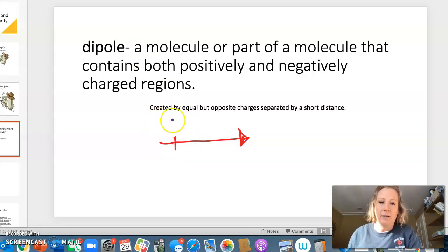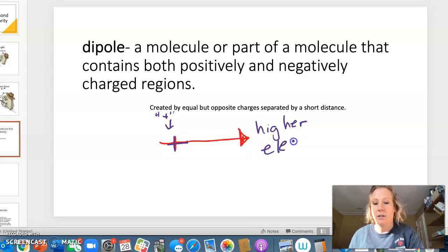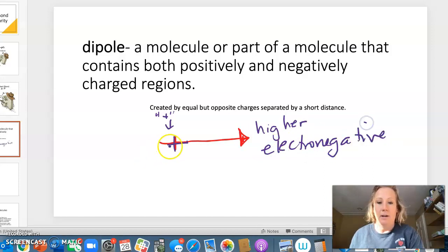And the tail is positive. You can see the positive here. And then it's going to point towards the higher electronegative element, and away from the one with a lower electronegativity.